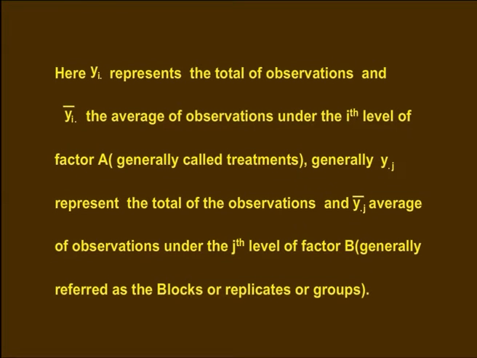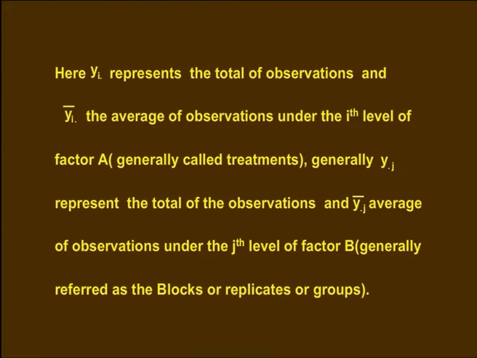Here Yi dot represents the total of observations and Y bar i dot the average of observations under the ith level of factor or the ith treatment. Generally, the factor is represented as treatment.